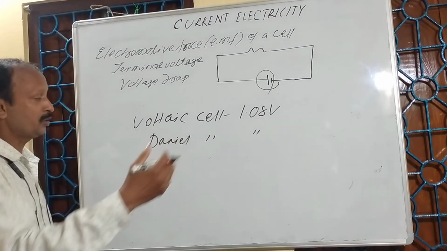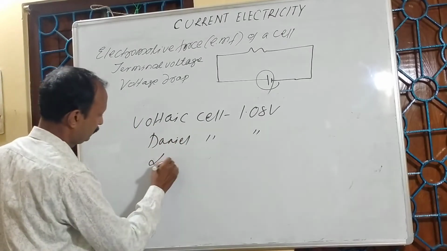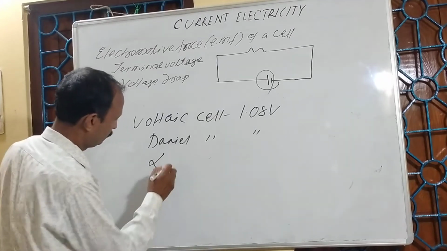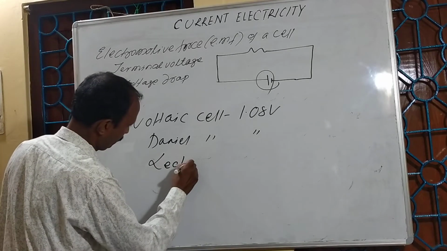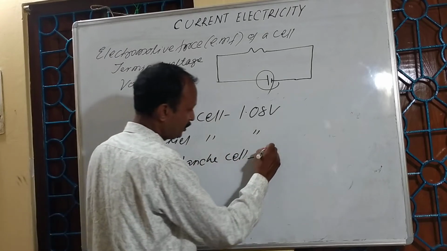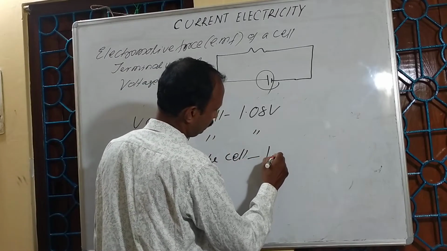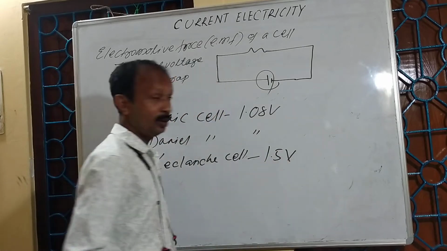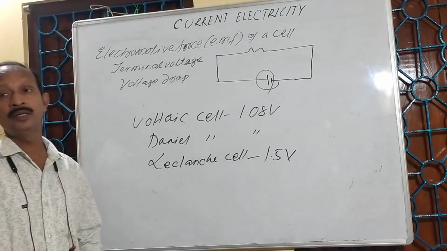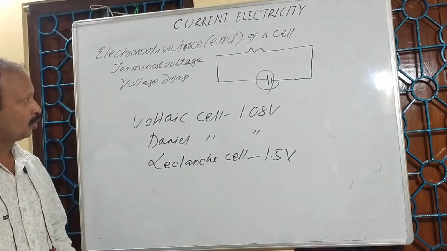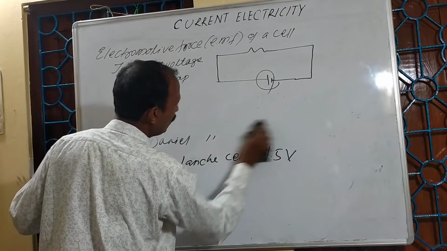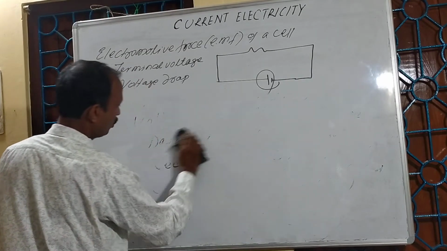Generally the cell what we are using, Leclanché cell, its capacity is 1.5 volt. So I said it is the characteristic property of a cell. I hope that you might have understood what is electromotive force.